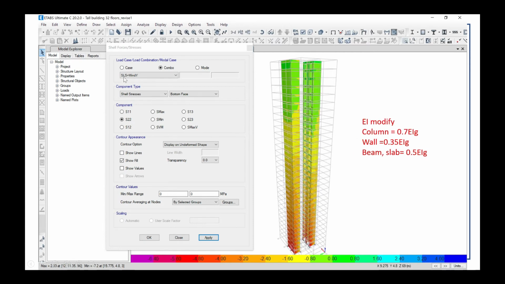So now let's check with the wind y direction S22, and at the bottom the stress is around 5.6. The compressive stress. No tensile stress appears in this wall, so we can consider this wall an uncracked section.